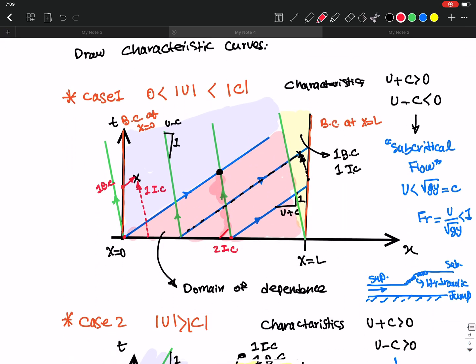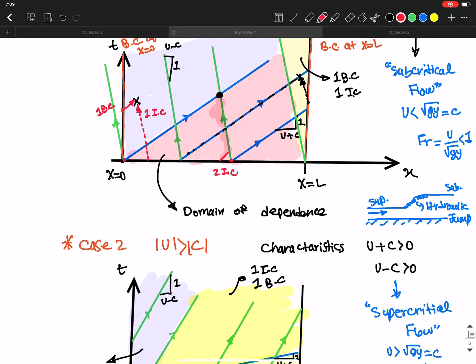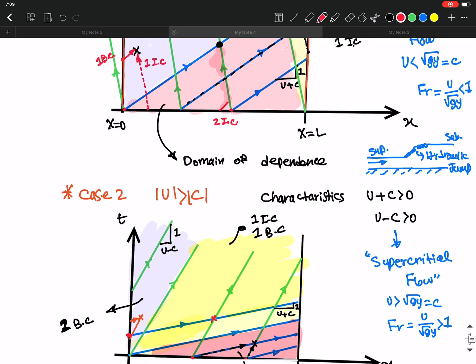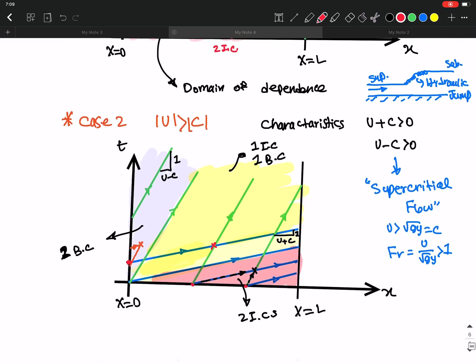And then we drew the characteristic curves for two cases: a subcritical flow where u is smaller than c, and a supercritical flow where u, or velocity, is greater than your celerity. And we defined regions where we need boundary conditions or initial conditions in order to find the solution of these types of equations.